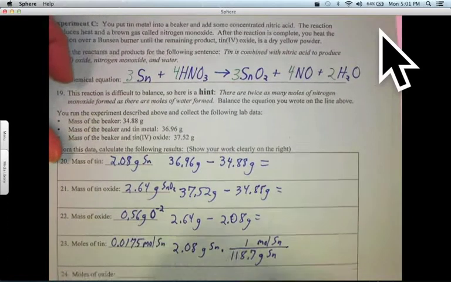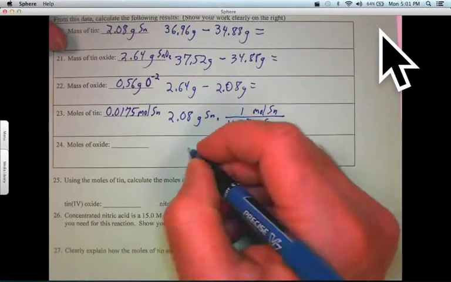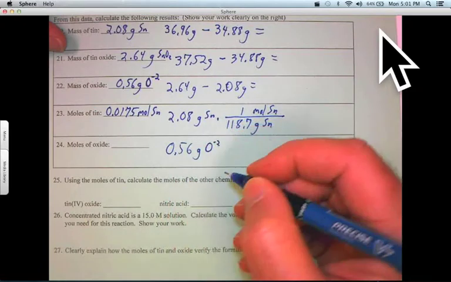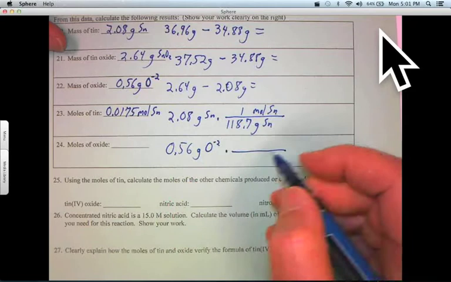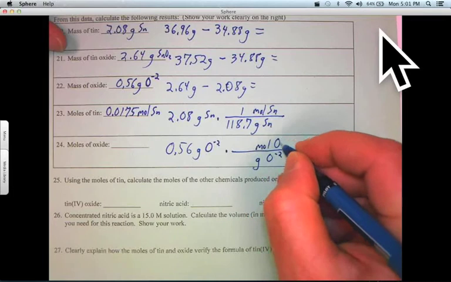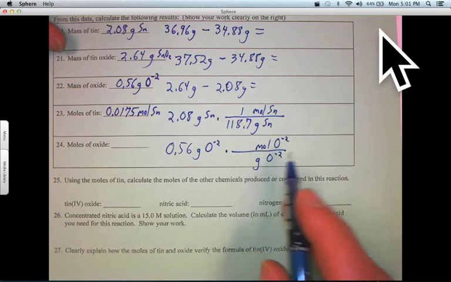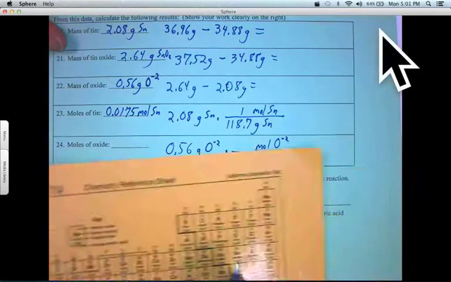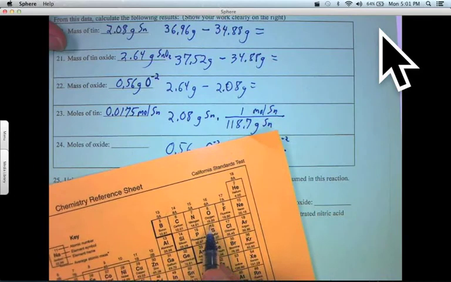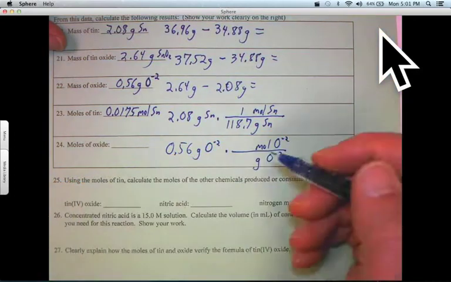And the moles of oxide, similar calculation. We take our grams of oxide, which is 0.56 grams of O2-, and we get out of grams of oxide into moles of oxide. Now, O2- is an oxygen atom with 2 extra electrons. We're going to ignore the electrons, and here is the mass of that oxygen atom, also the mass of an oxygen ion, roughly, very probably still rounds to 16.0, since an electron is only 1/2000th of an AMU.